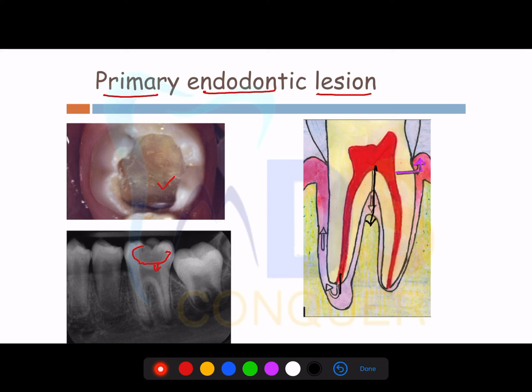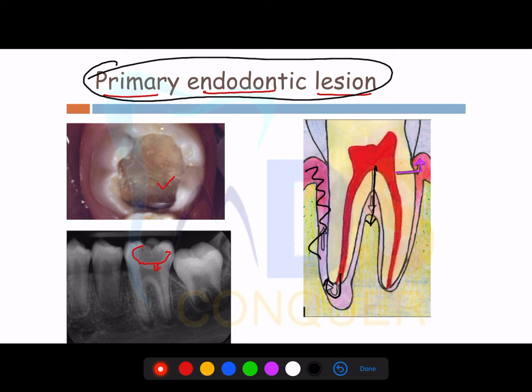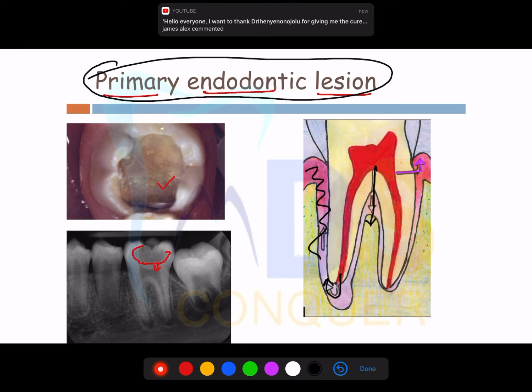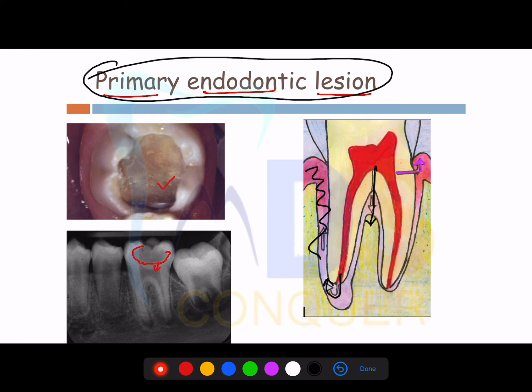The third can be through the apical foramen. It spreads to the periodontium and can damage it. Such cases are called primary endodontic origin. If this case also has periodontal pathology, then we call it primary endo and secondary perio. If it has only endodontic origin, it is called a primary endodontic lesion.